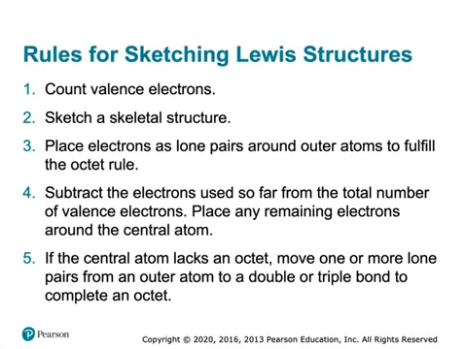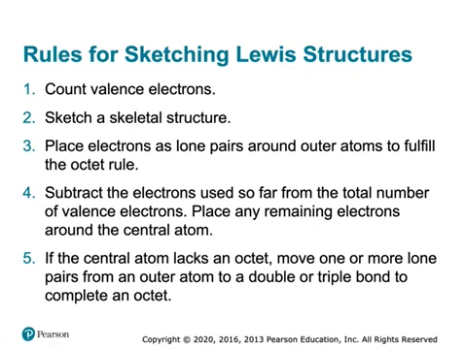Okay, and much of this is beyond this class for sketching Lewis structures. If anything, you would only have to do the really simple ones. But let me go over the rules anyway, in case you do take future classes that do this. So how do you sketch Lewis structures? First, you sum up the valence electrons, then you put the skeletal structure. How do you put the skeletal structure?